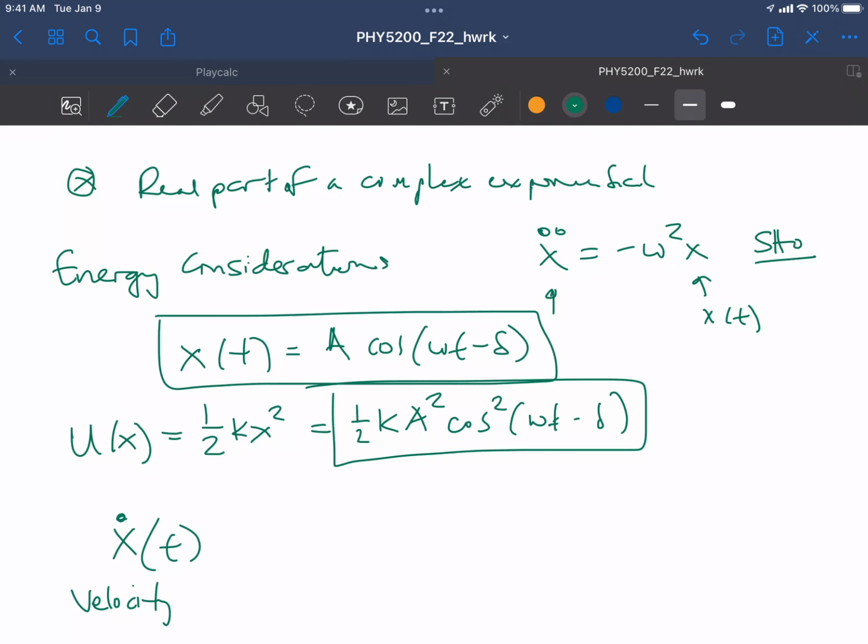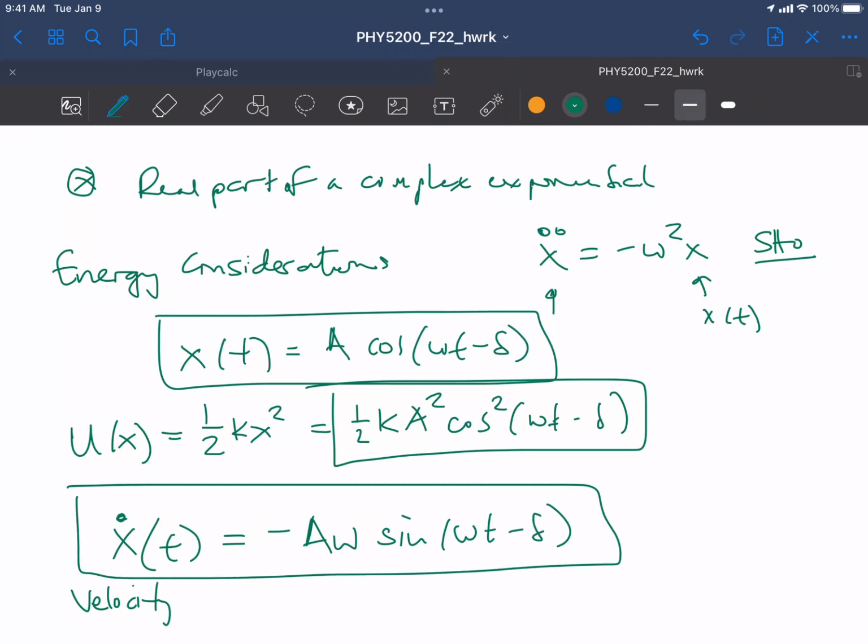If the sign of a vector is positive, that means that vector is pointing in the same direction as the positive direction of your coordinate system in that one dimension. All right, so we could take the derivative of this function, and we get minus a omega sine of omega t minus delta. So this is the velocity. At any time, you could calculate the velocity using this equation.